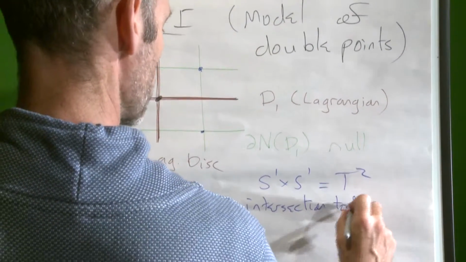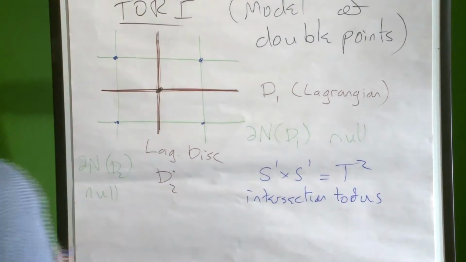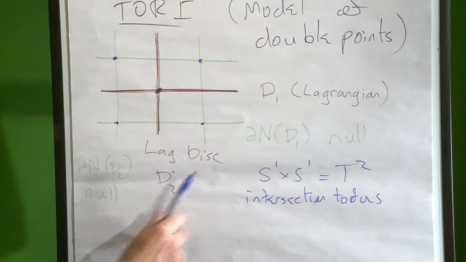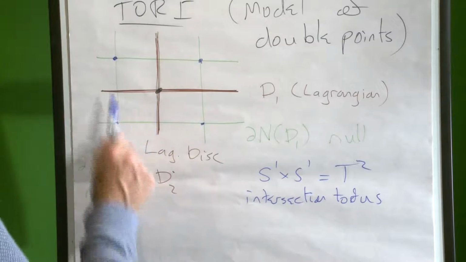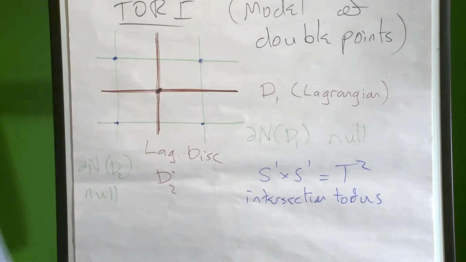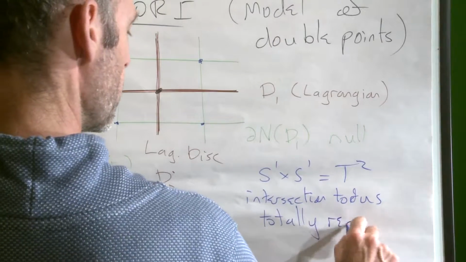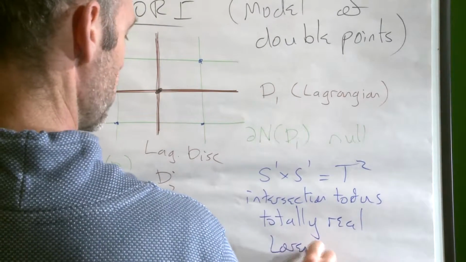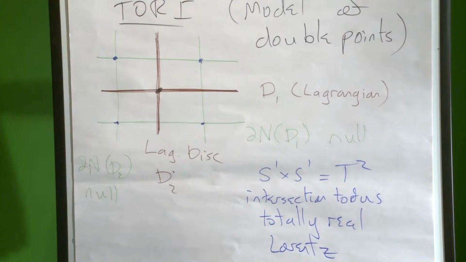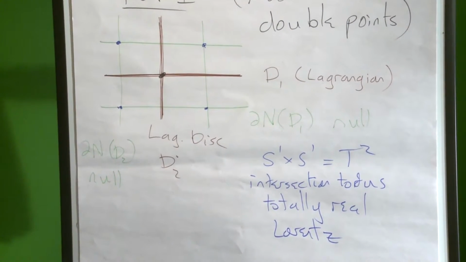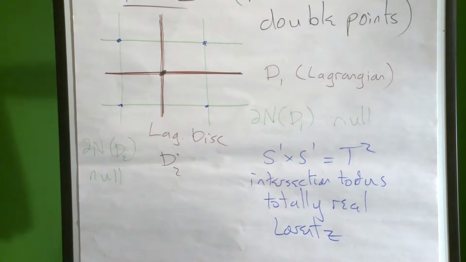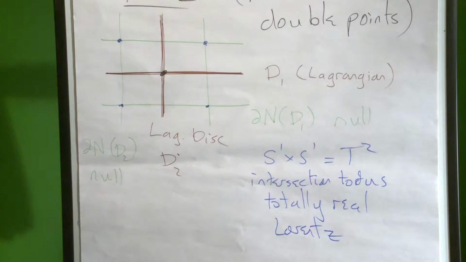In the picture that I'm drawing here, the cores are Lagrangian, the boundaries are null, and these intersection tori turn out to be totally real, and in fact Lorentz with respect to this neutral metric that we have.